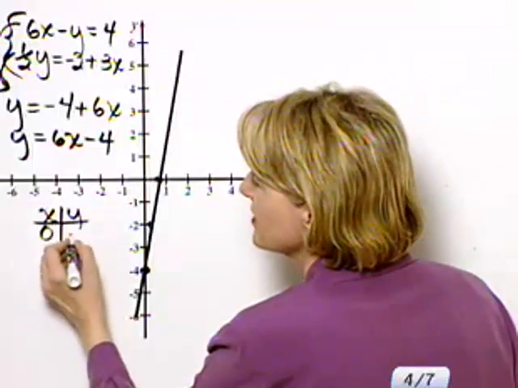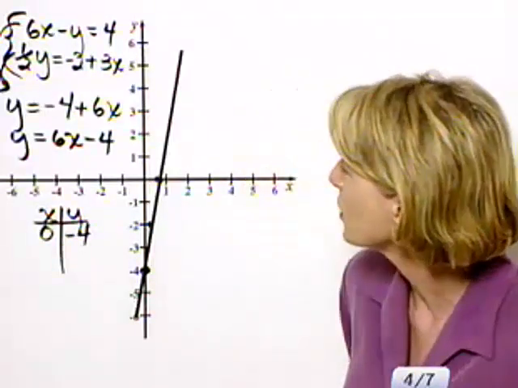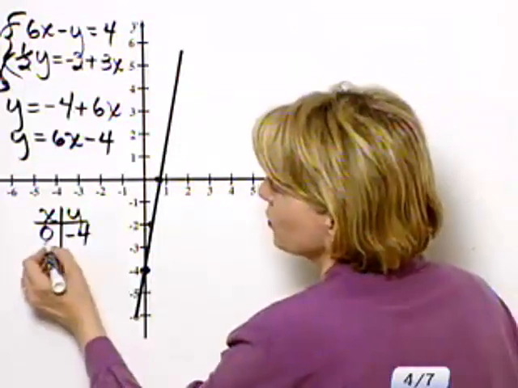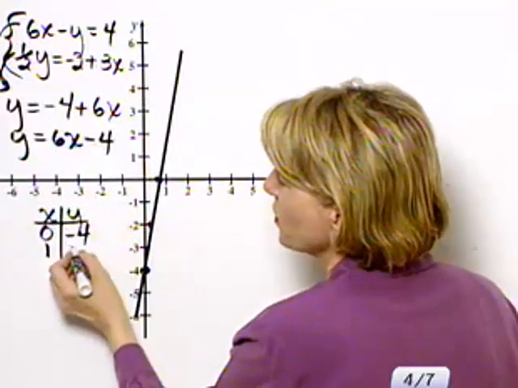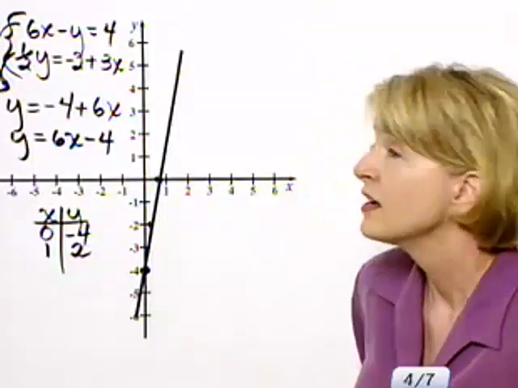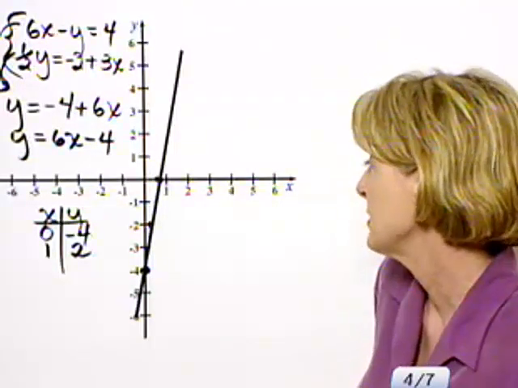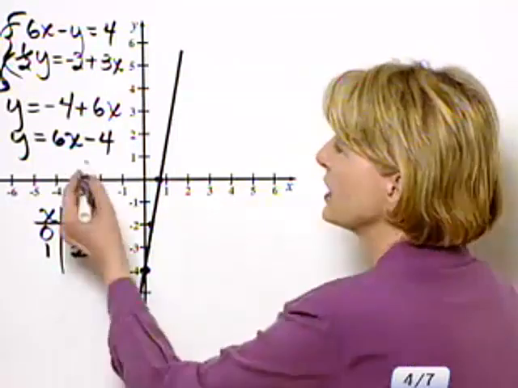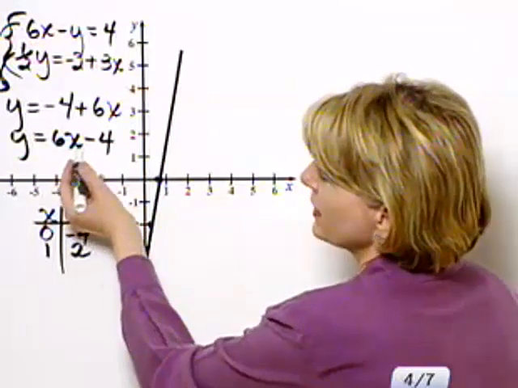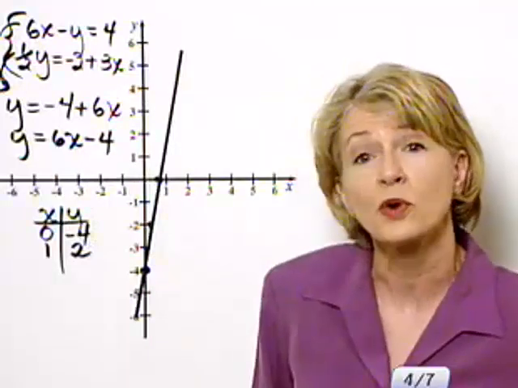Let's come up with some ordered pair solutions. I know if x is 0, I get negative 4. What if x is 1? If x is 1, what is 6 minus 4? That's 2. If x is 2, that's 12 minus 4, or 8.